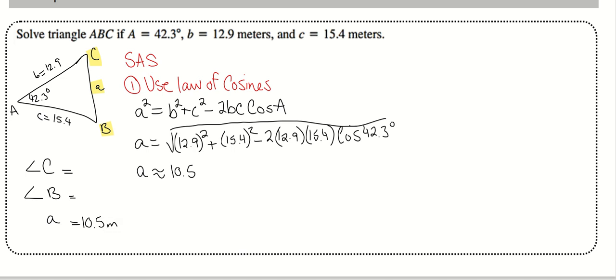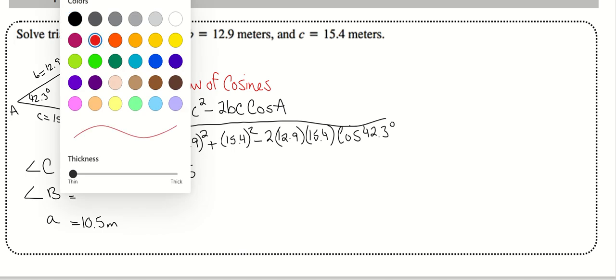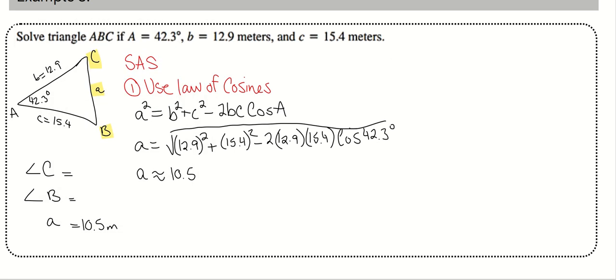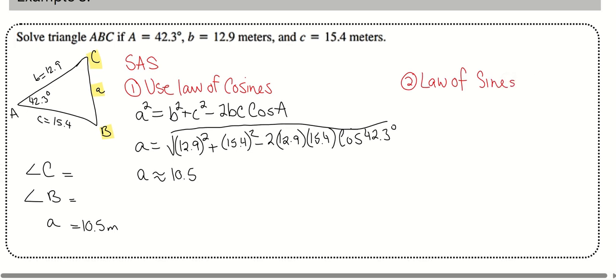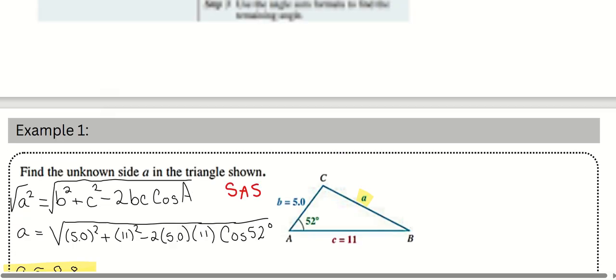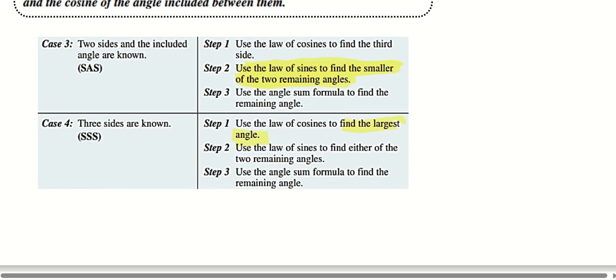So now step 2 is to use law of sines. So we go back to law of sines. But remember that we want to use law of sines to find the smaller of the two angles.